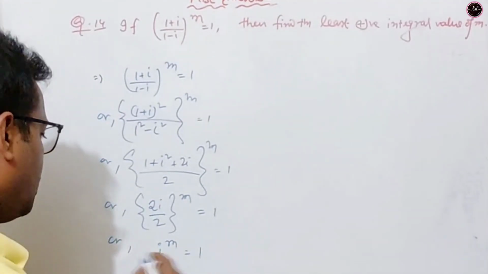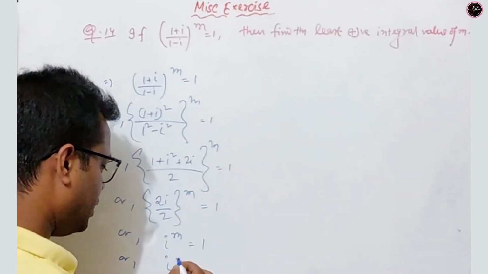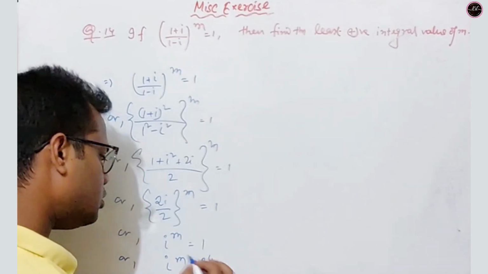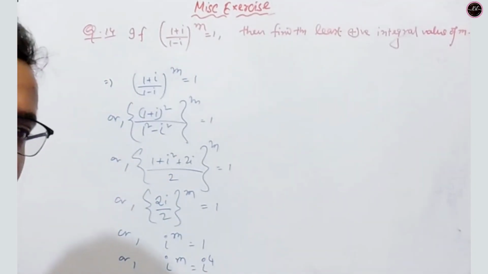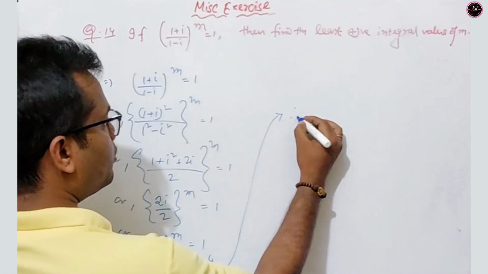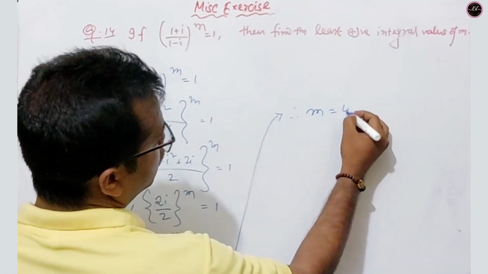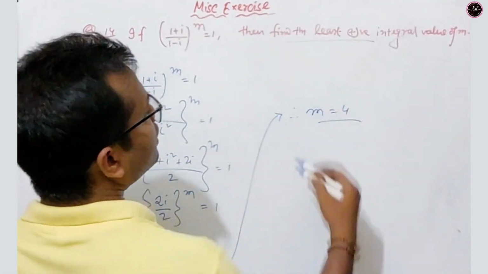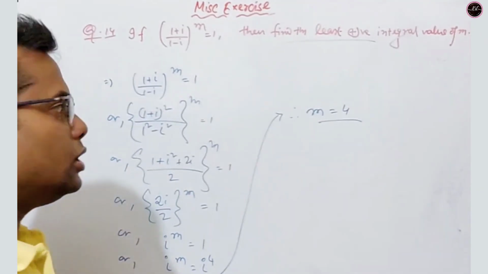That means i to the power m equals i to the power 4, because only the value of i to the power 4 is 1. So by this we can write, therefore m equals 4. So the least positive integral value of m is equal to 4.